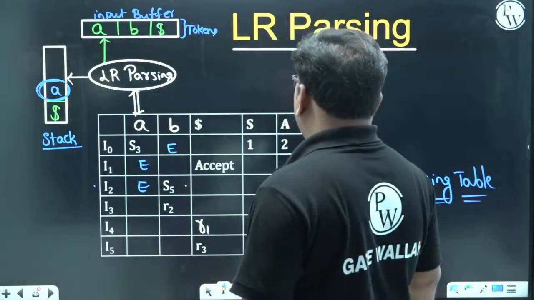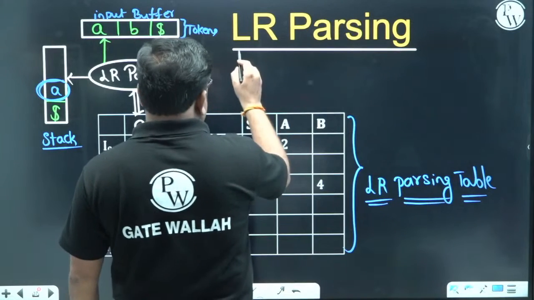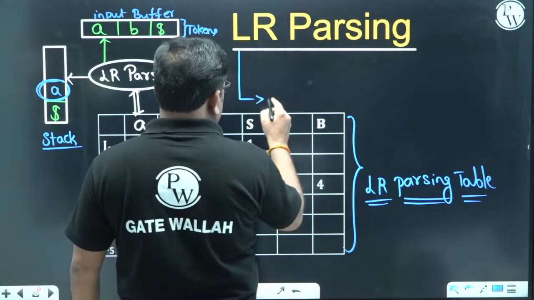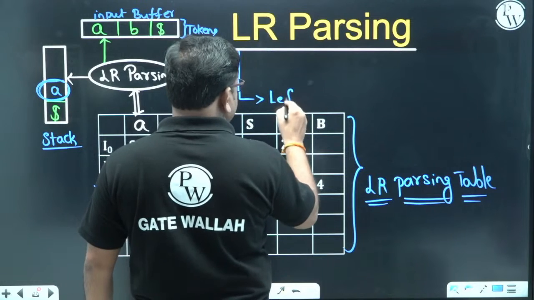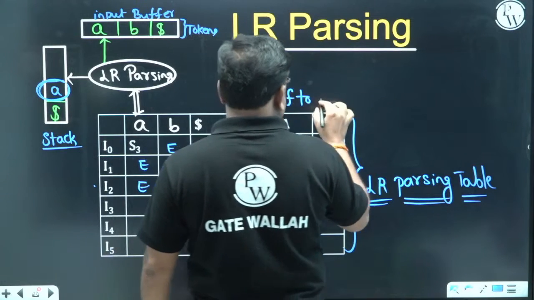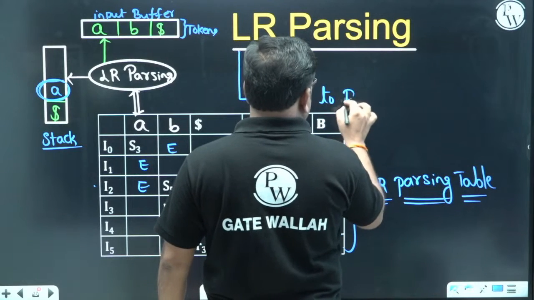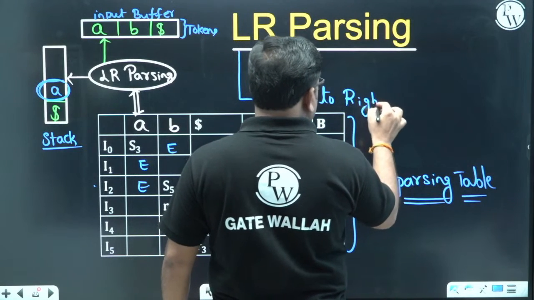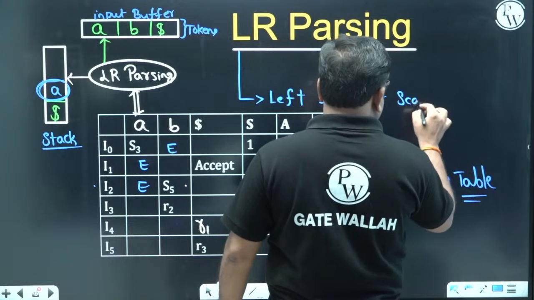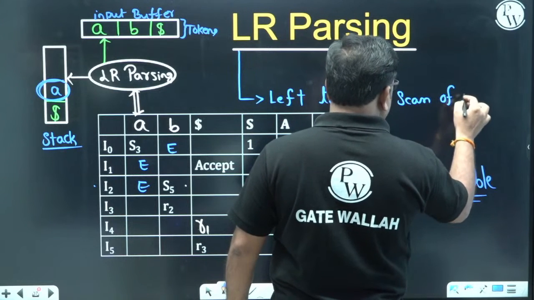In LR parsing, the meaning of L is left to right scan of input.